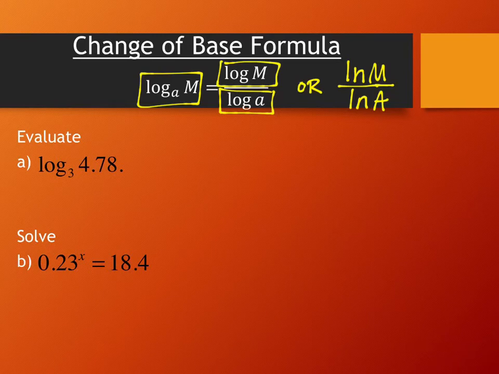So if you're looking at part A and it says log base 3 of 4.78, I don't know why there's a period at the end of that. Probably just because I was thinking like end of sentence or something. But it just should say log base 3 of 4.78. This change of base property says I can rewrite this as either log or natural log of the 4.78 divided by the log of the base itself, which is 3.